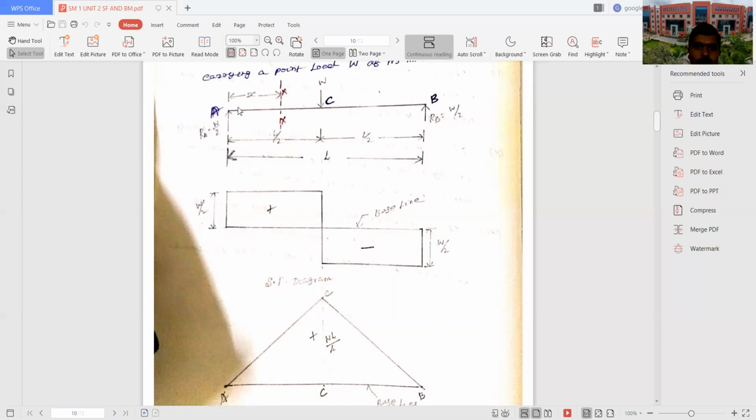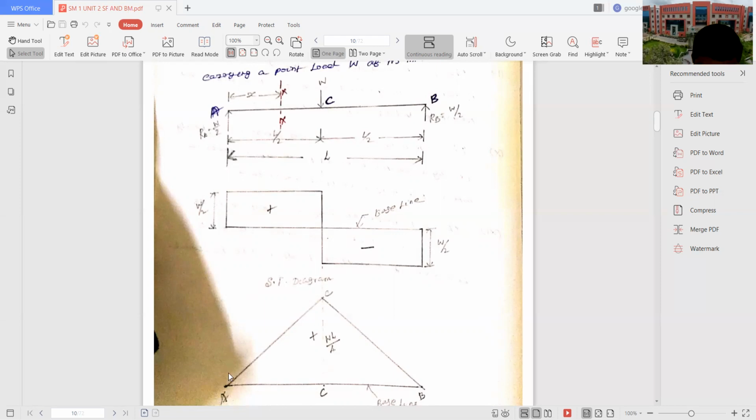So if you want to calculate the bending moment value at the point A, we are taking the left side section, so at this point, x is equal to 0. So moment at x is equal to W by 2 into x. So moment at A is equal to W by 2 into 0, therefore the moment value is 0.